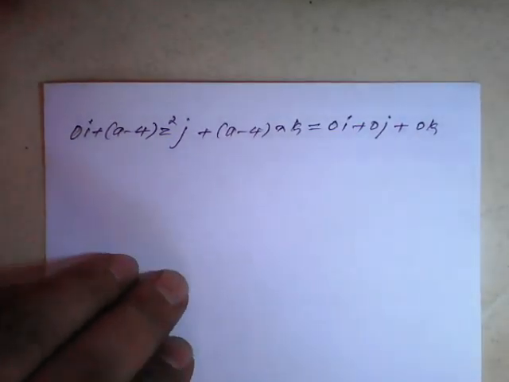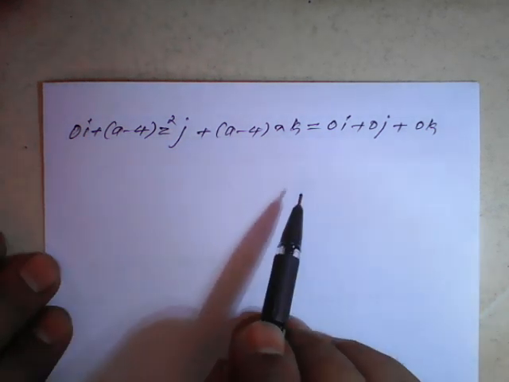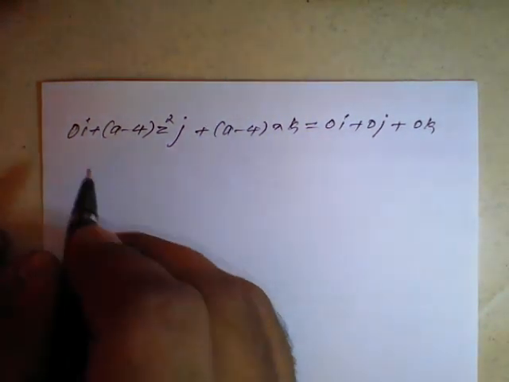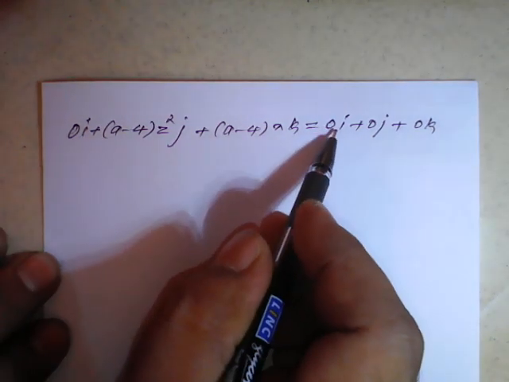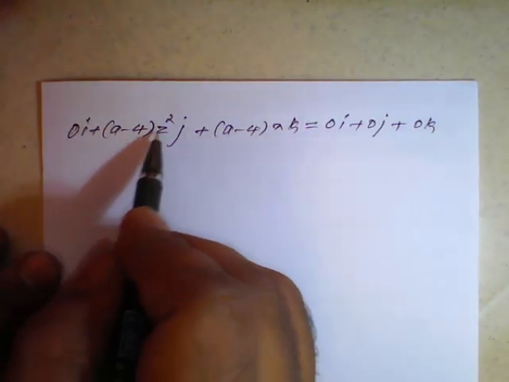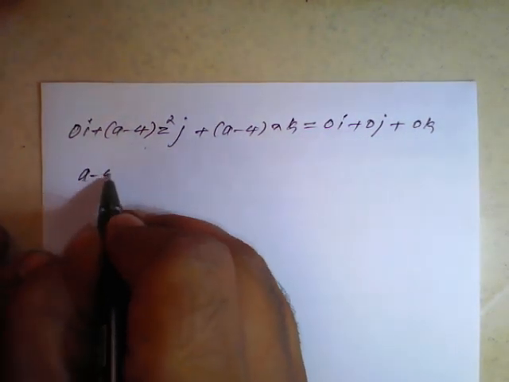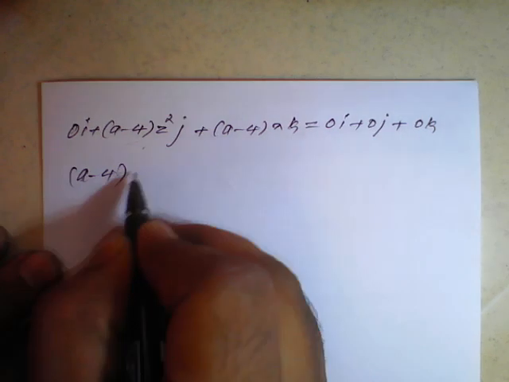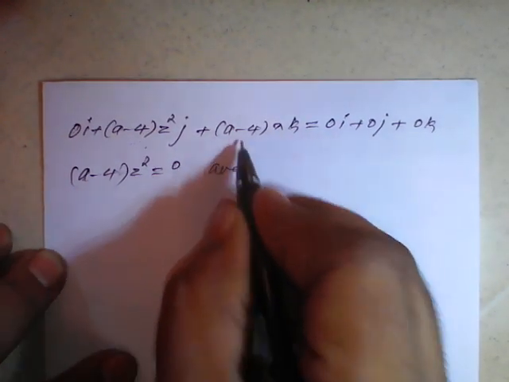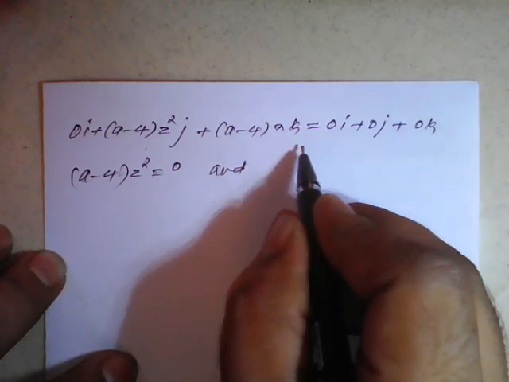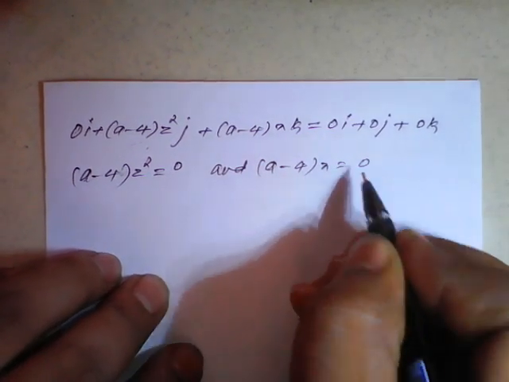It is 0 vector. So on equating with respect to i, j, k, 0i with 0i, leave it, it is 0. So the coefficient of j is a minus 4 of z square is equal to 0, and one more bracket we have with respect to k, that is a minus 4 of x equal to 0.